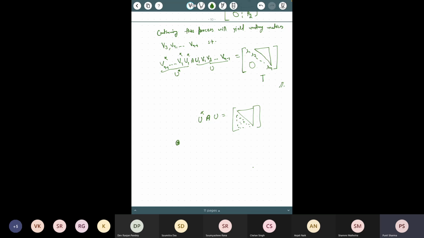So this is actually the main idea behind eigenvalue computation algorithm, where these similarity transformations are obtained iteratively in order to convert this matrix A into an upper triangular matrix, and then the diagonal entries of this upper triangular matrix give the eigenvalues. Okay?